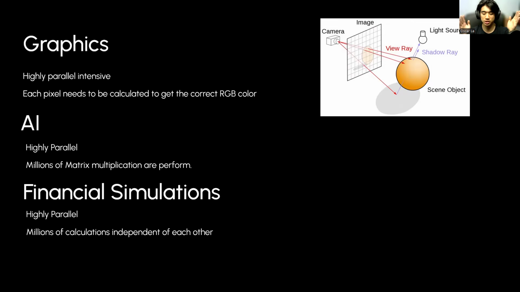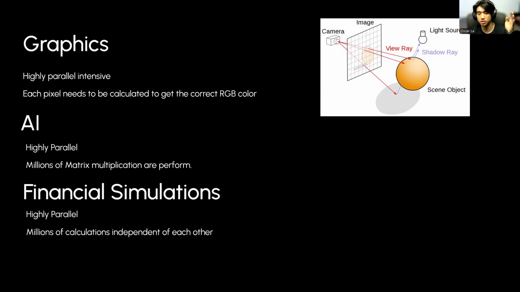For AI, same thing. In order for AI to work, millions of matrix multiplications have to be performed, which is highly parallel, and beautifully done by the GPU.